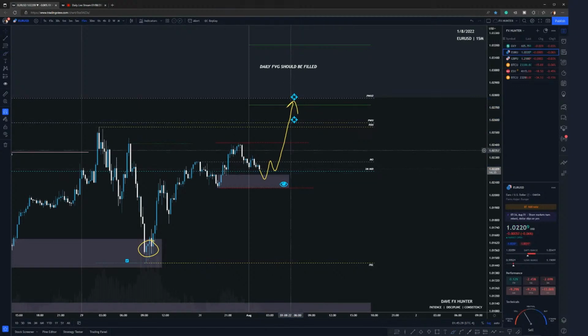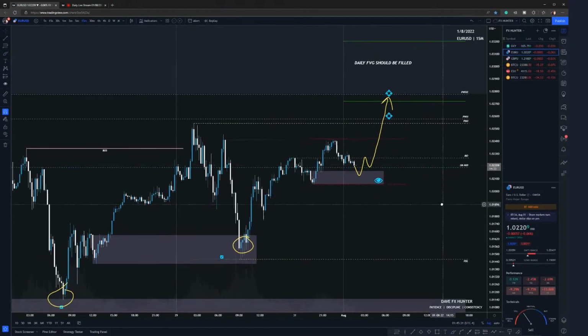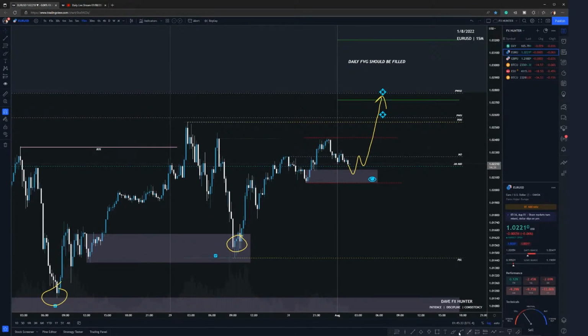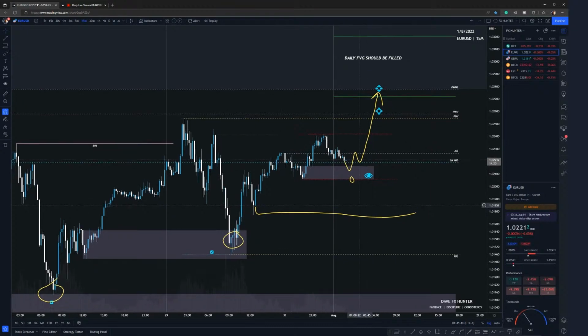So I will be looking for short-term longs on the euro, and it can of course happen from this order block or after violation of this level, or we can go lower, and still if it happens in the first 3 hours of the London Open or the New York session, I still will be looking for this.